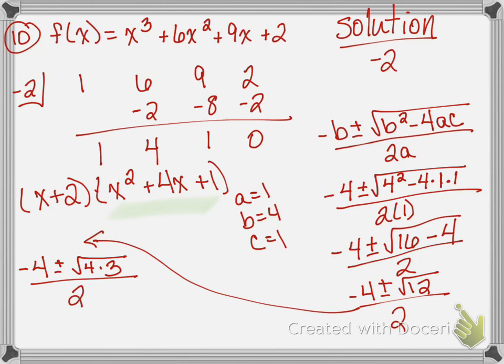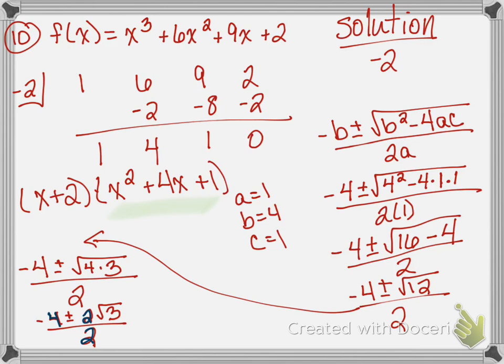So I'm going to take the square root of that 4. So I'm going to have negative 4 plus or minus 2 times the square root of 3, over 2. At this point, I've got a 4 here, a 2 here, and a 2 here. Because all 3 of those are divisible by 2, I can simplify.